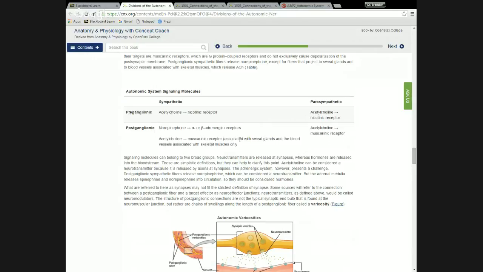Okay, so for the parasympathetic system, sometimes it's from a nucleus in the brainstem, but for the spinal cord, it's called the lateral horn. The lateral horn is right next to the ventral horn. Okay, the cells in the lateral horn and the cells in the ventral horn are actually the same kind of cells, multipolar motor neurons.